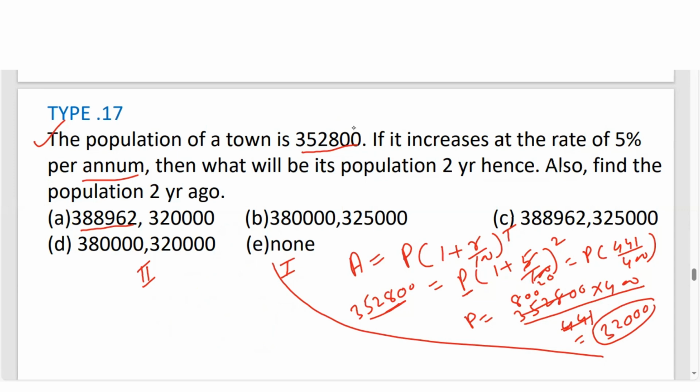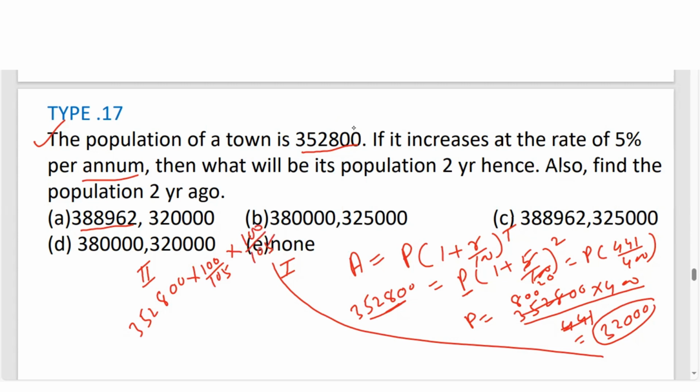Always remember, when 2 years ago is asked, then go for reverse. So what I am doing here: 352800 multiplied by, here 5% increase, that means 105 by 100. But we are finding ago, so go for reverse, 100 by 105. For 2 years, so 100 by 105 twice.